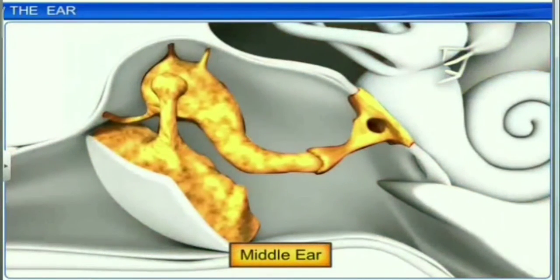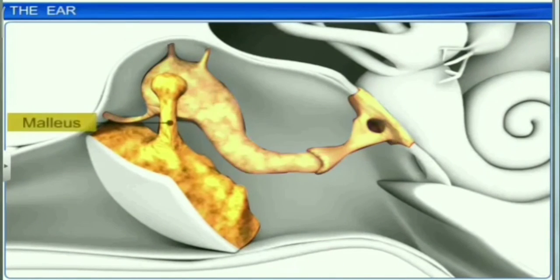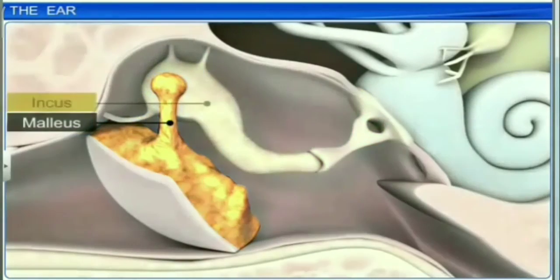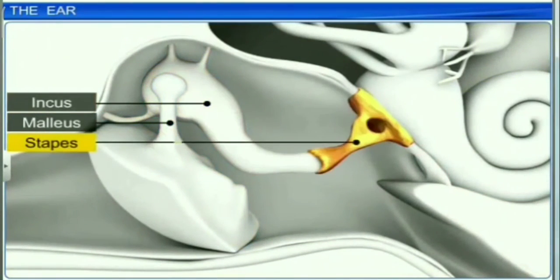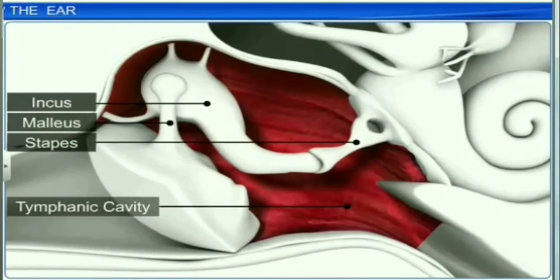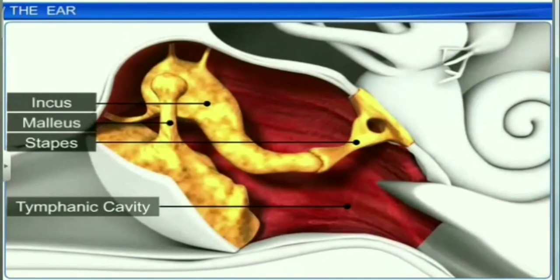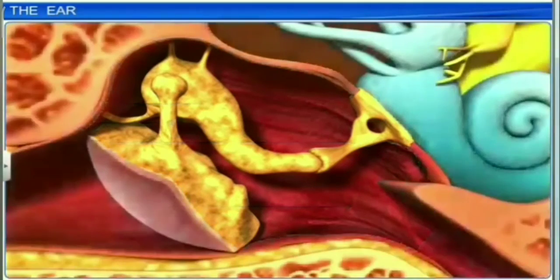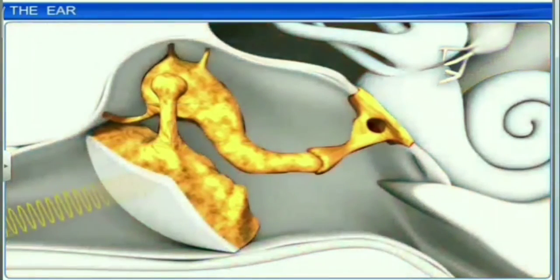The middle ear consists of a chain of three ear ossicles called malleus, that is hammer, incus, that is anvil, and stapes, that is stirrup, the smallest bone. On receiving vibrations, these ear ossicles amplify the vibrations and transfer them to the cochlea.